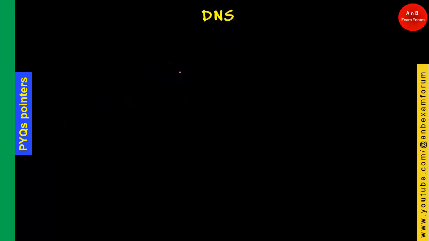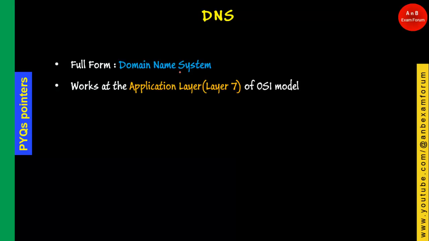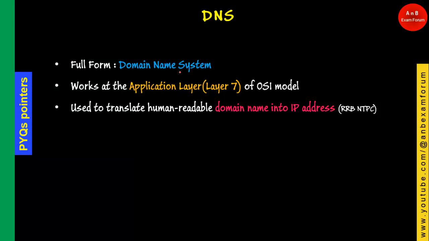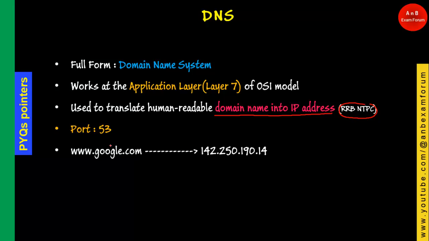The next one is DNS. The full form is very important from the exam point of view. It is Domain Name System, and again this works at application layer 7. Basically DNS is used to translate human-readable domain names into IP addresses. This was asked in RRB and TPC. For example, this is the domain name, www.google.com.